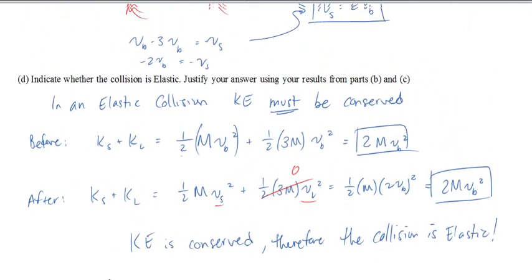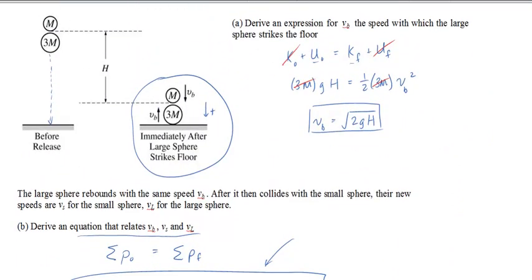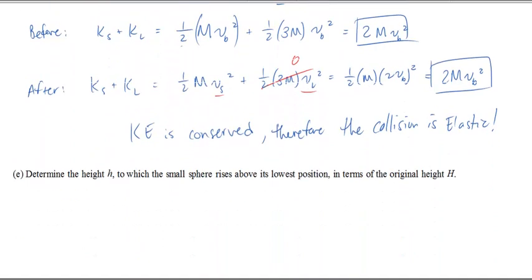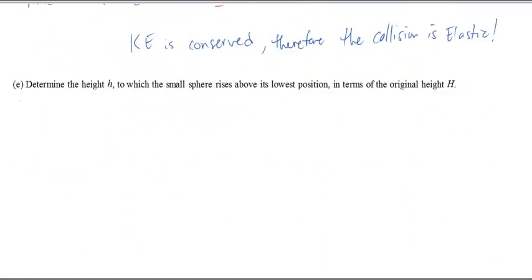First, recall from part A that VB is square root of 2gH. So I'm just going to write that in the corner here so that we can use it when we want to, and we will want to use that. And this is a conservation of energy problem, right? I've got a ball that's going up at VS. What is the max height?